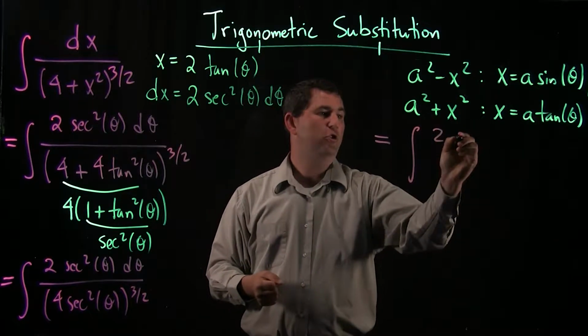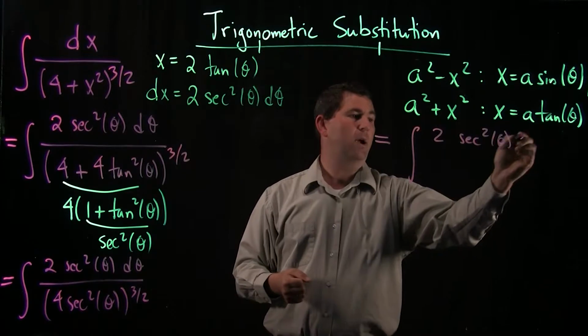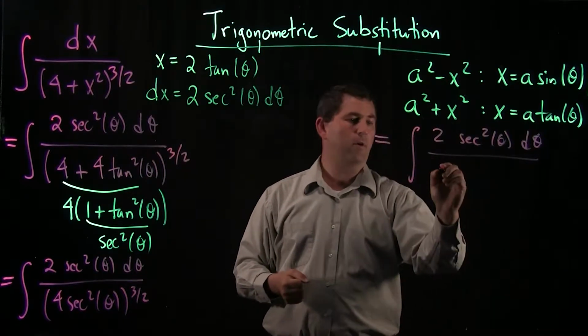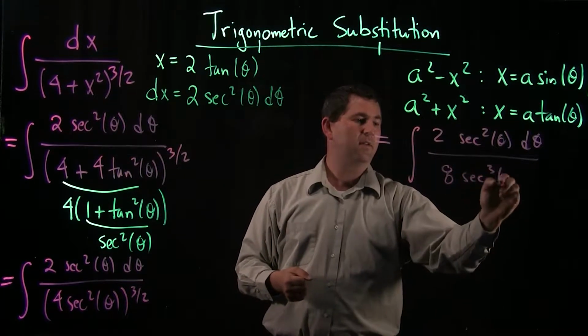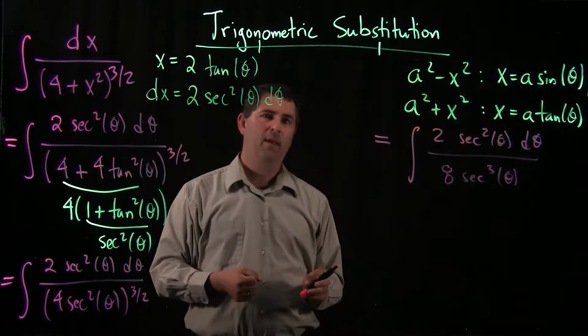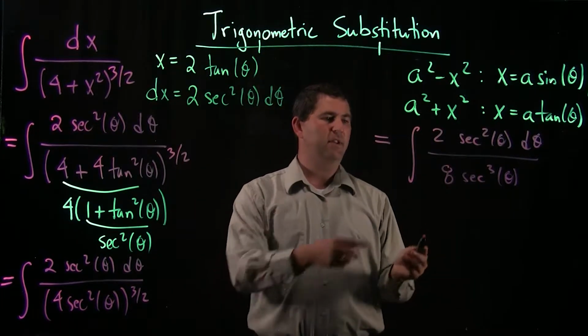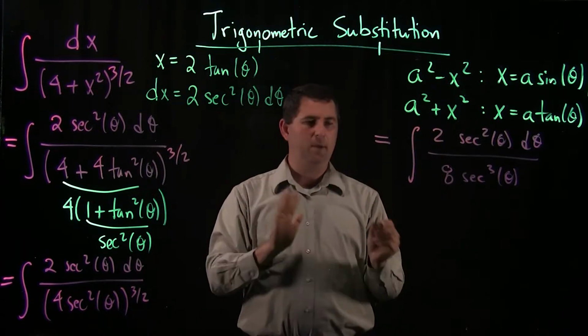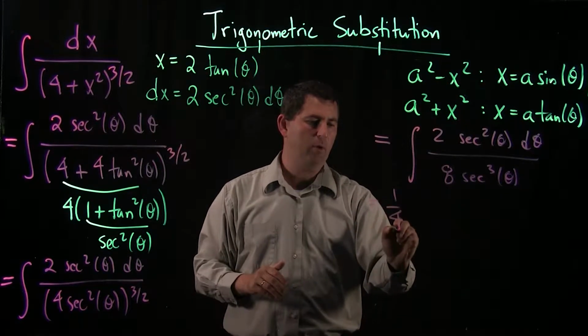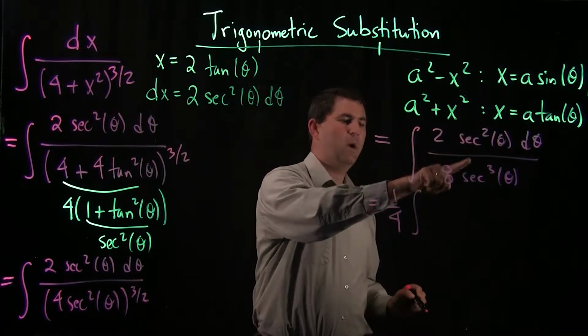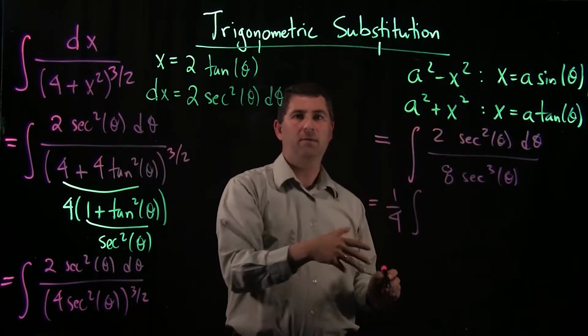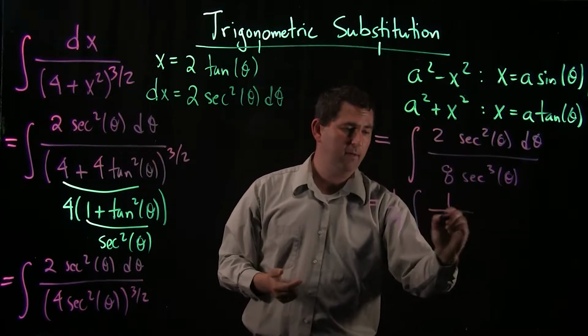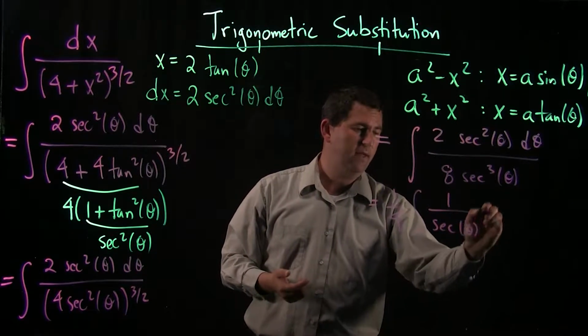So I get 2 secant squared theta d theta over 8 secant cubed. And now we're in a really good position. 2 over 8, that's going to give me a 1 over 4, which I can pull out. Secant squared over secant cubed, that's just going to give me 1 over secant. And then I have a d theta.